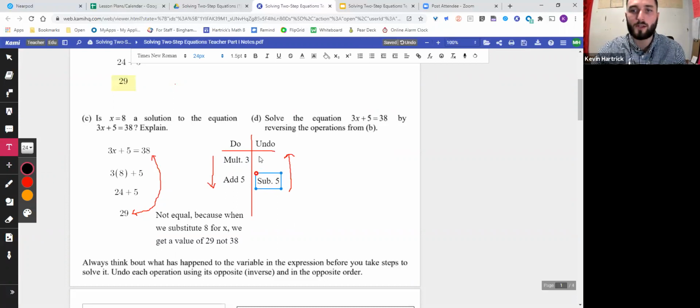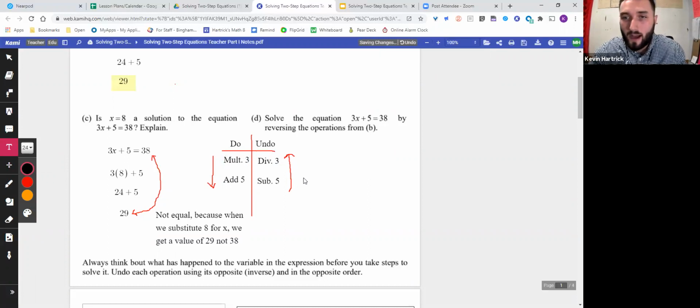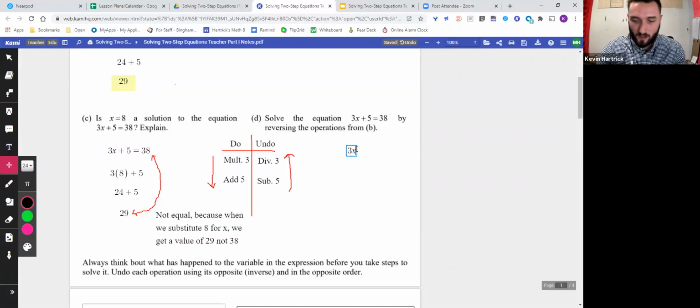The second thing that we're going to undo is the first thing that happened, which was multiply by 3, so the opposite would be divide by 3. So now we have our steps: we're going to subtract 5, and then divide by 3. Those are the two steps I'm going to have to do. That's why it's called two-step.